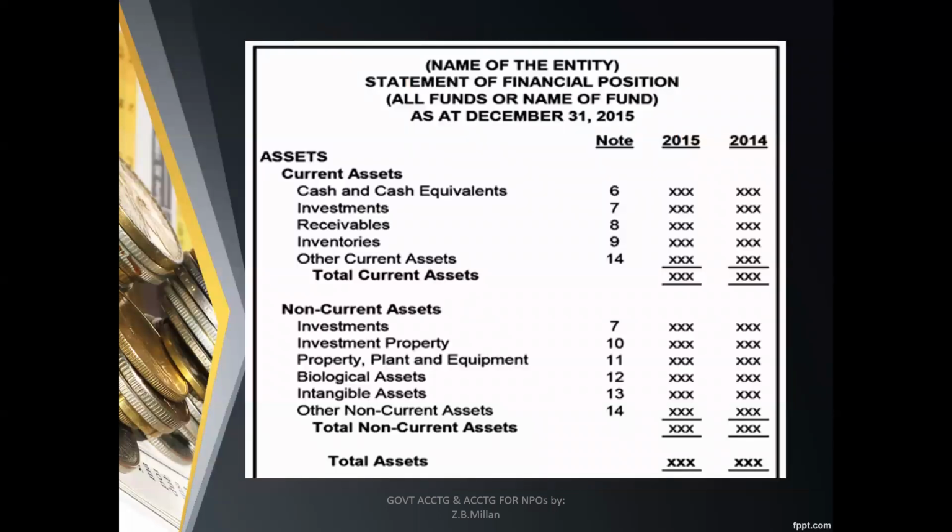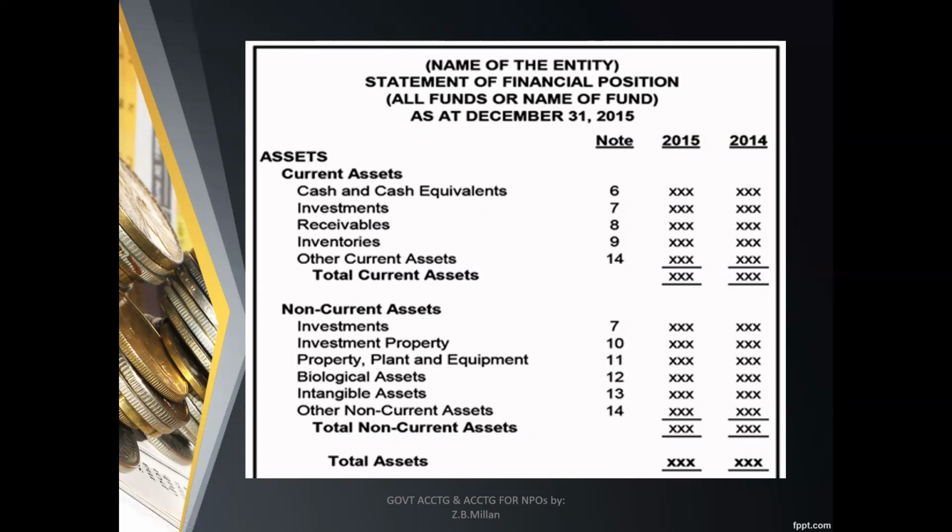So here is an example of a statement of financial position. You just put in the name of the entity and a statement of financial position and the name of the fund or all funds or name of funds and the date. So this is 2015.